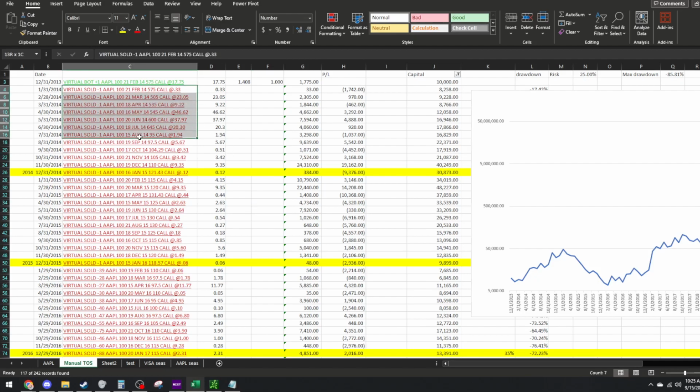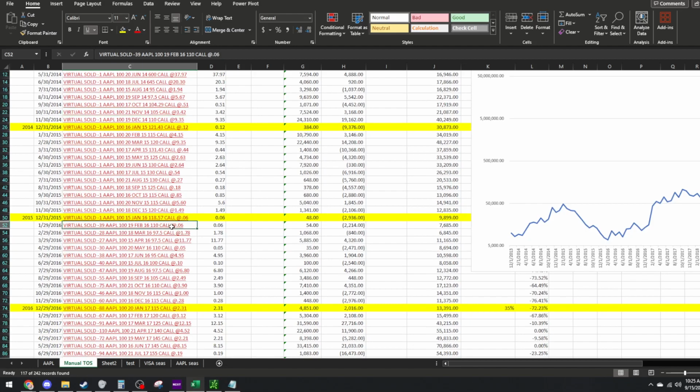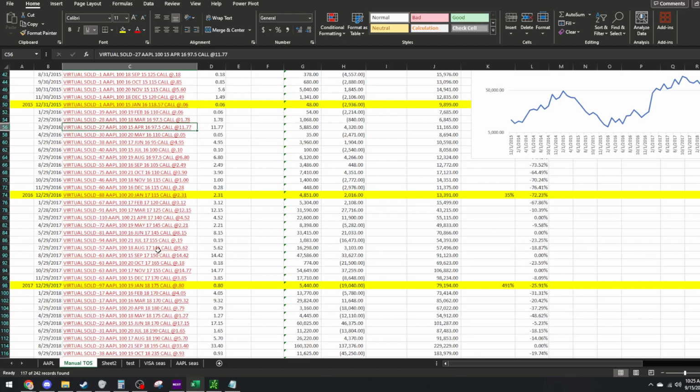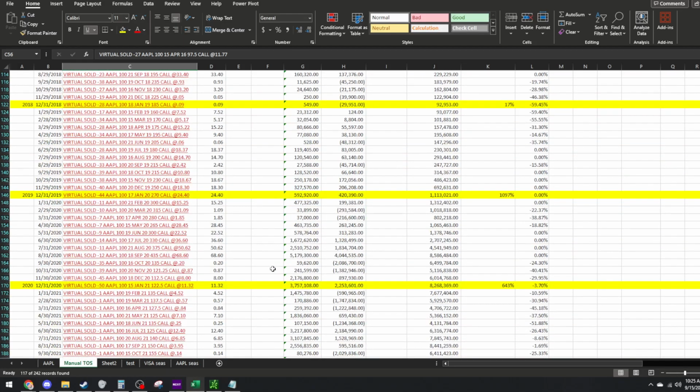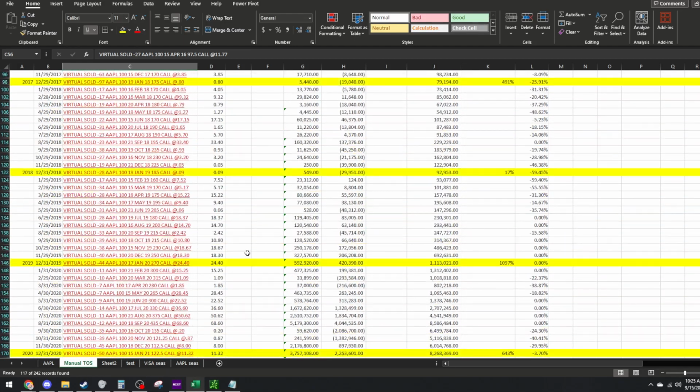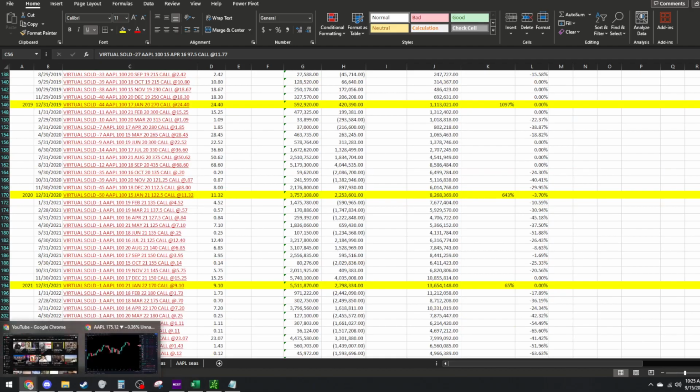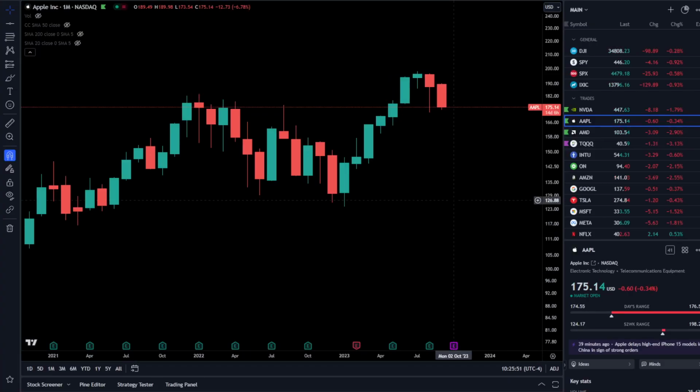And again, these are all virtual trades that I took with backtesting software, so the data is relatively accurate. This accounts for implied volatility and theta decay, right? So these trades that I backtested with are fairly accurate, I'd say about 90 to 95% accurate. So yeah, that's pretty much it. Look at the monthly candles.